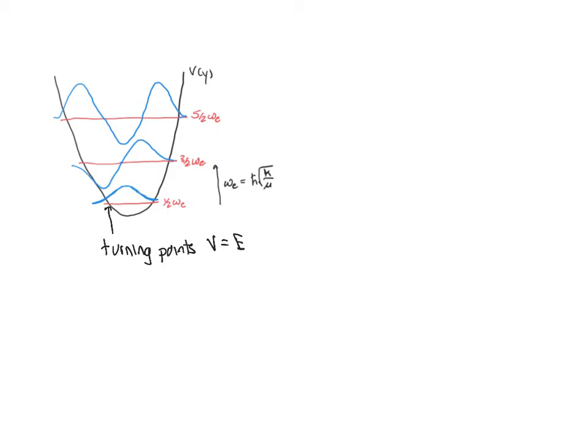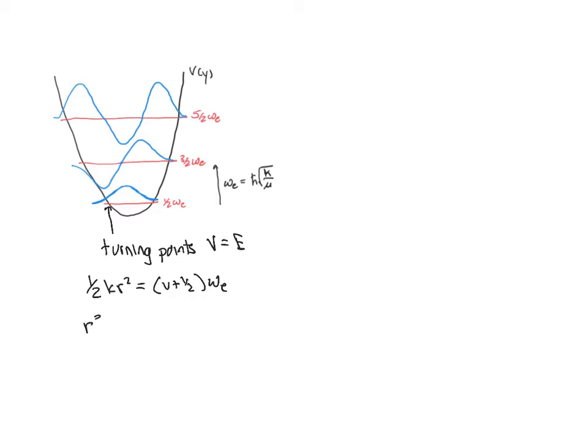And so we can figure out where these turning points are, because we know that 1/2 kr squared has to be equal to our total energy. And our total energy is (v + 1/2) times omega sub e. And so we can solve for the R values that give us these turning points for each of the different quantum levels.